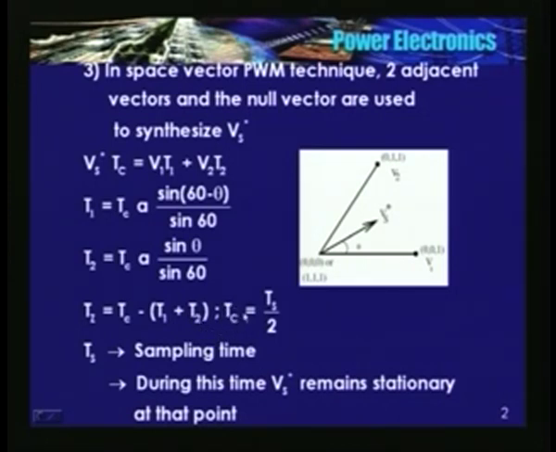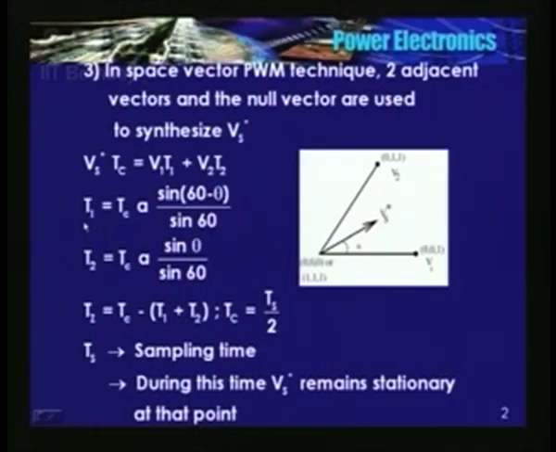Tc is Ts by 2, where Ts is the sampling time. During this time it is assumed that Vs remains stationary at that particular point. I will repeat, Tc is Ts by 2, where Ts is the sampling time.